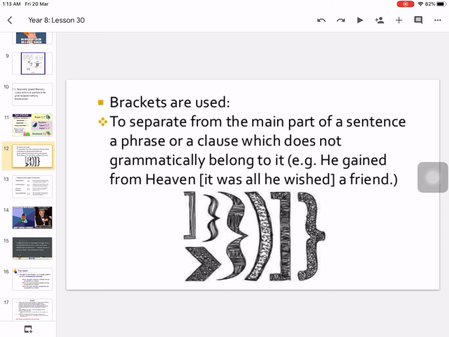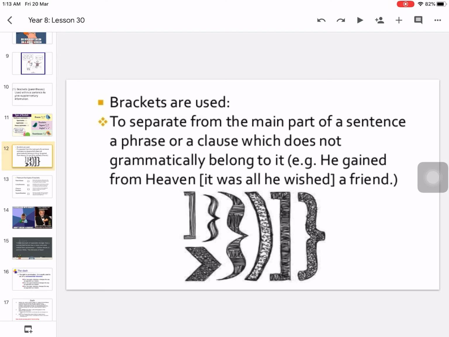If you just take "it was all he wished", it is supplementary information, right?